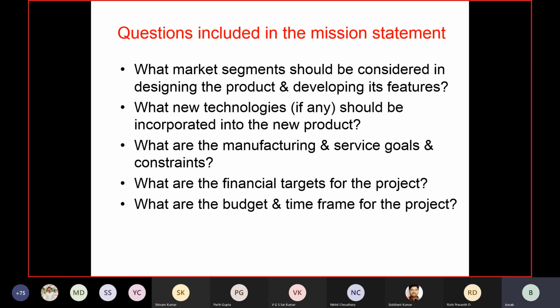Because based on that, the top management will now man your project. How many people will be required? Or they will divide the time of one particular person into different projects. Prioritize their human force and all other resources, not only human resources, needed for pursuing all these projects.